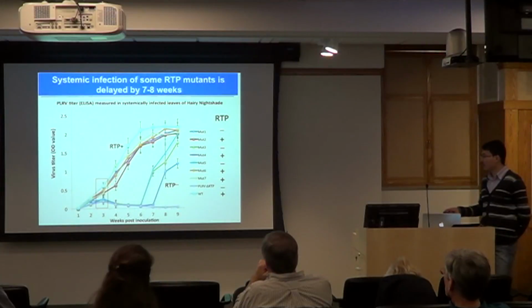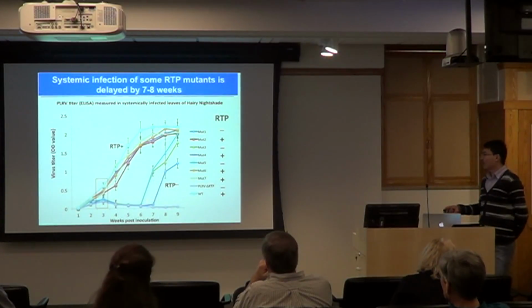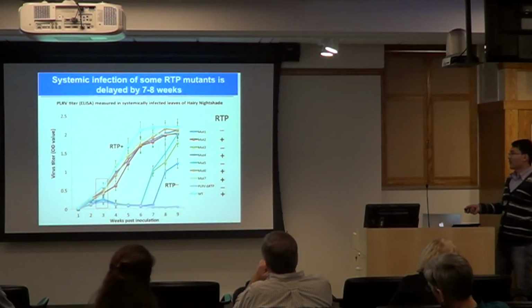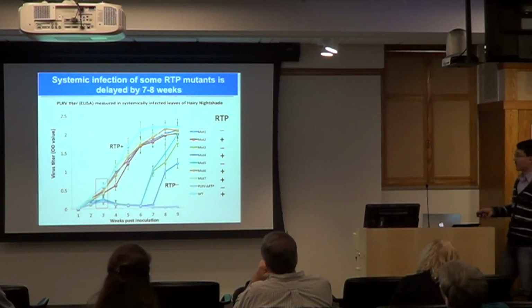However, we found the viral titer switched using the loop1 mutant. The titer of the virus switched to increase at 6 or 7 weeks post-inoculation with this loop1 mutant.